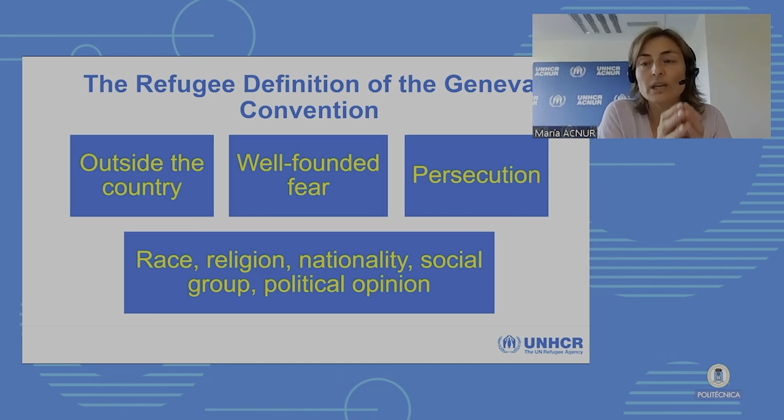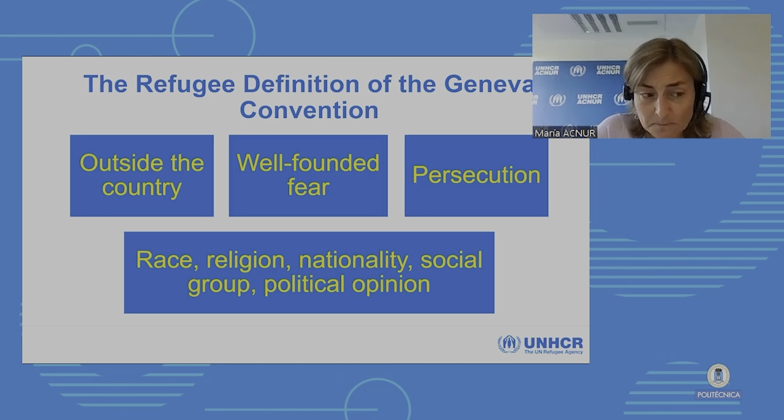And what we call, which is a very important aspect of working in determining refugee status, the country of origin information. COI, or country of origin information, is one of the key elements we need to take into account when we are determining if a person is or is not a refugee, because that's what will give us the information about the foundation of the fear that the person is claiming to have. It will tell us if what the person tells us happens in the country really happens in reality.